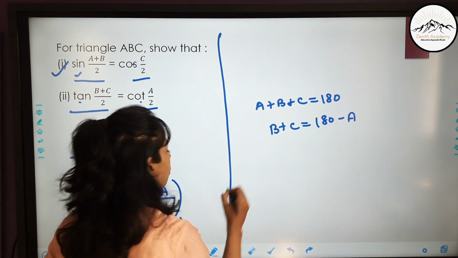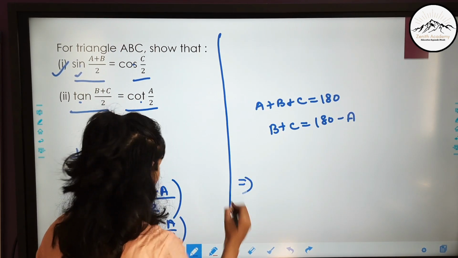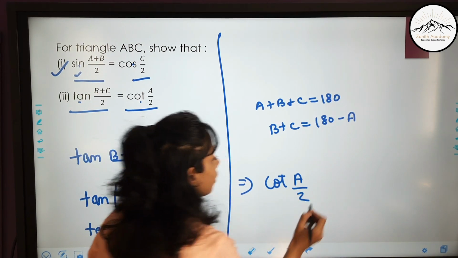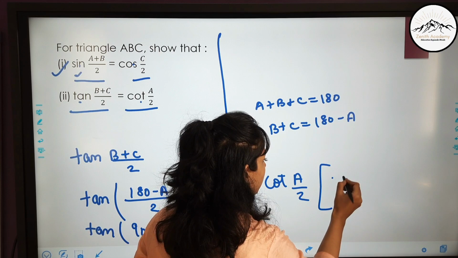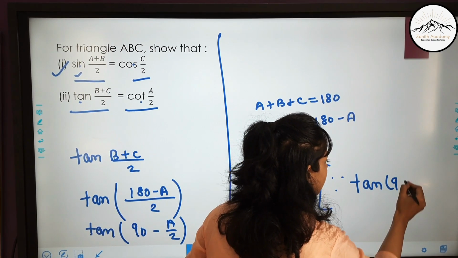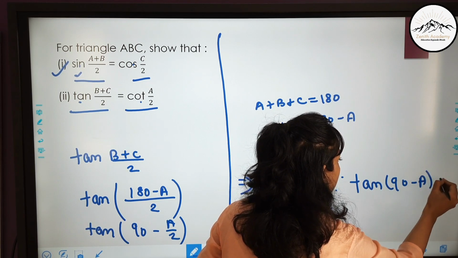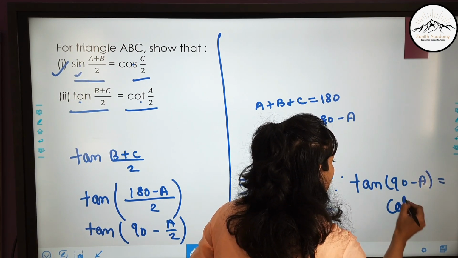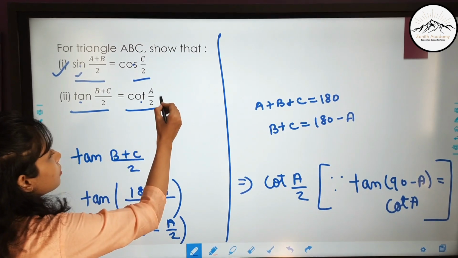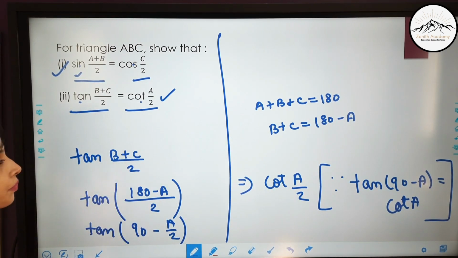Cot A. So our answer is equals to cot A by 2. And remember to write the property. So this is what we used. Tan 90 minus A is equals to cot A. This is what our RHS is.